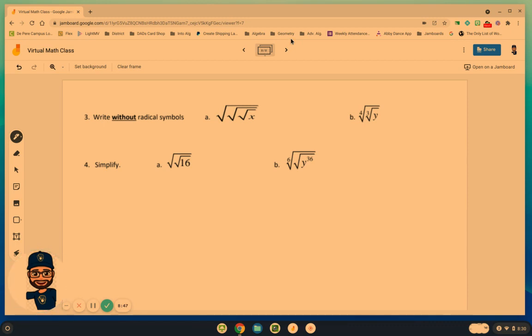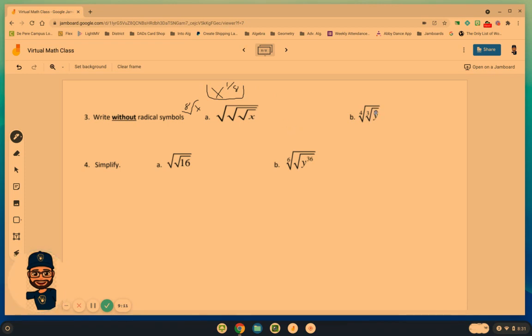Why don't you give these, what are there, 4 of them, a try and see what you come up with. Letter A, without the radical. So again, there's a 2 and a 2 and a 2, so that means an 8. I'd have an 8th root of x, but without radical, so without a square root sign, means x to the 1/8 power. And that would be what we call simplified.